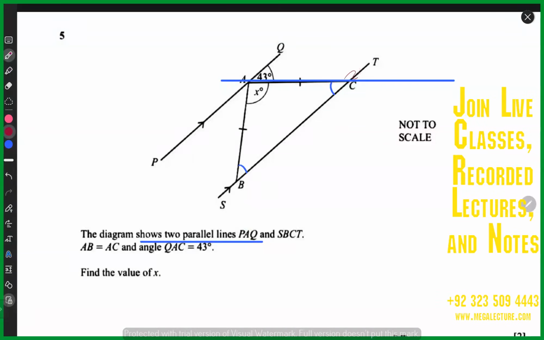Can you guys find this angle? I think this is something that all of you can do. Just find this angle, using the idea that when you have two parallel lines, the sum of their interior angles is equal to 180 degrees. Just find this maroon angle, only the maroon angle.